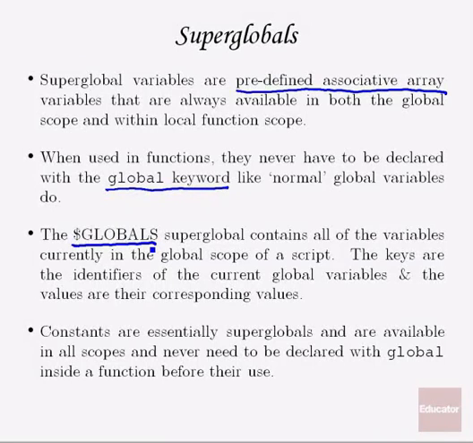Interestingly enough, it's an associative array that contains all of the global variables currently defined within your script. And that actually allows you another way to access global variables within a function. Because we know that we can't access global variables within a function without using the global keyword.